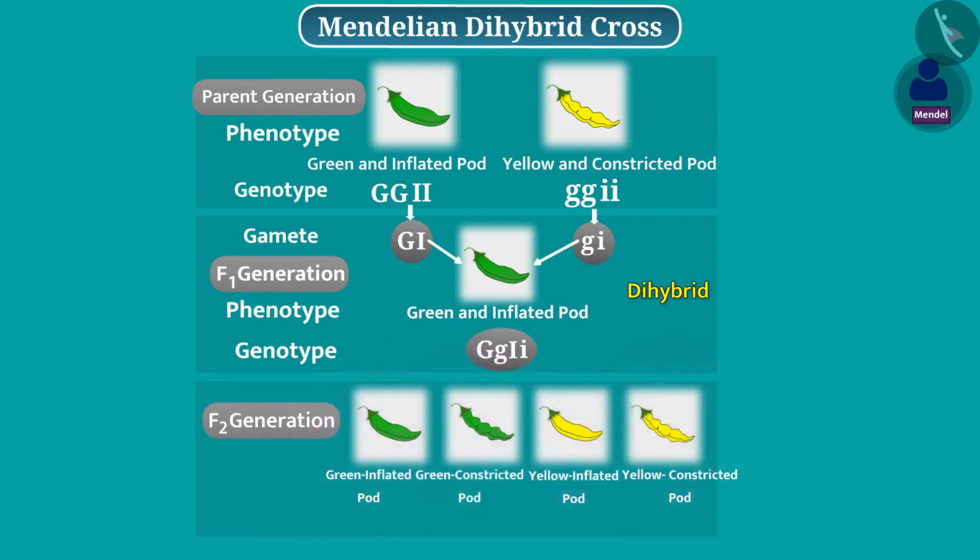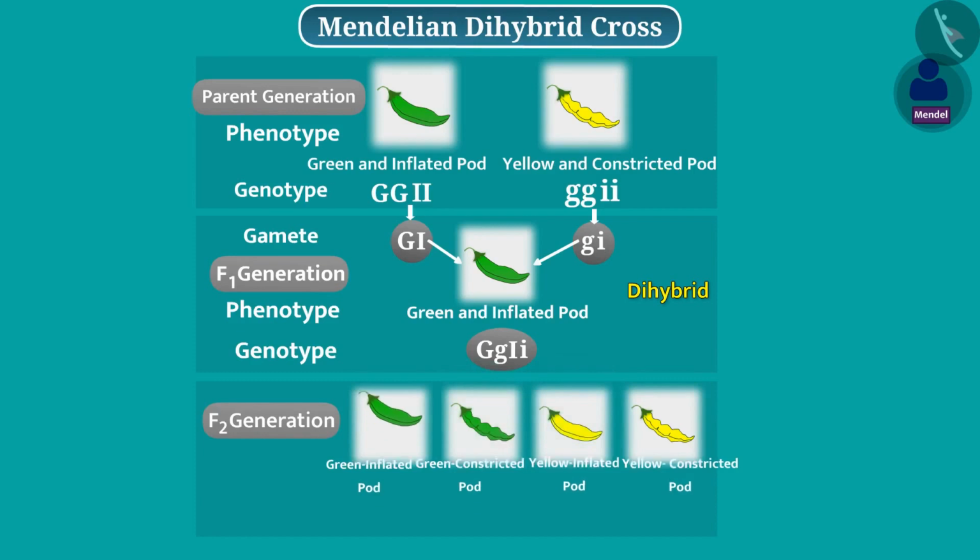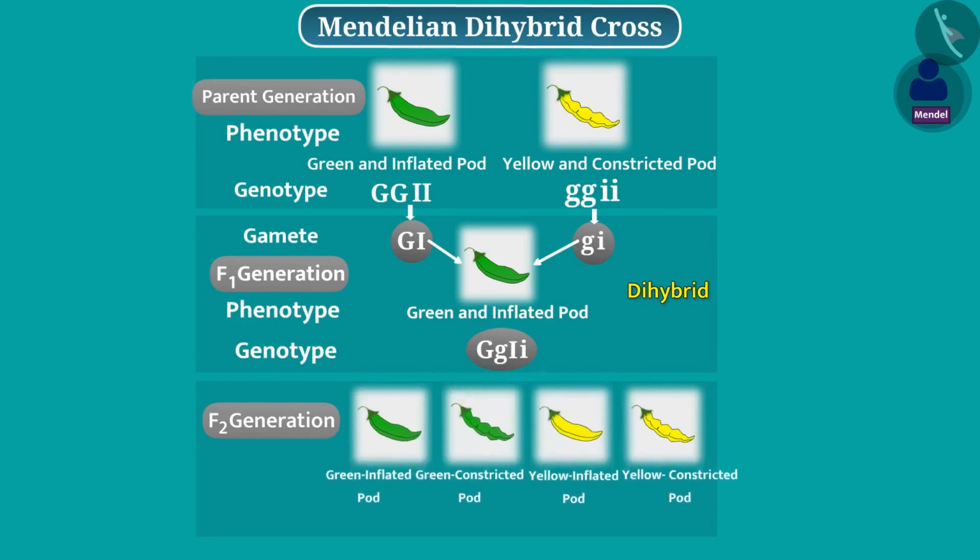The F2 generation had different combinations of color and shape, from which 2 combinations were the same as that of parents, and 2 combinations were new. All these pods were in the ratio of 9:3:3:1. This ratio is called dihybrid ratio.